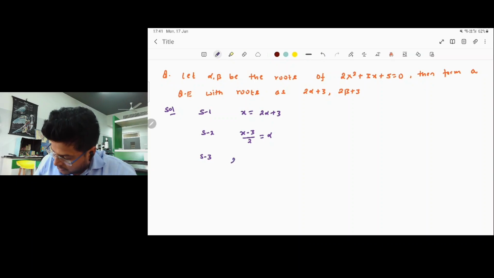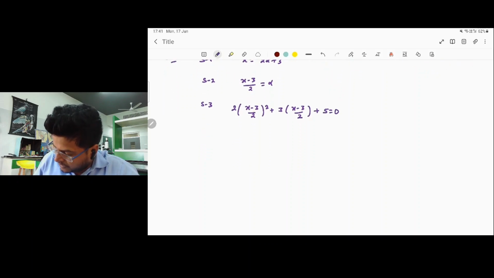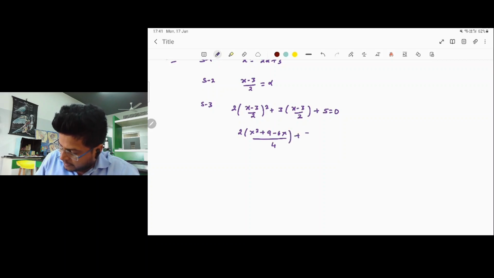So what you got? 2 into ((x minus 3) by 2) whole square plus 3 into (x minus 3) by 2 plus 5 equals 0. Simplify this. You will get something like 2 times (x square plus 9 minus 6x) by 4 plus 3x minus 9 by 2 plus 5 equals 0.